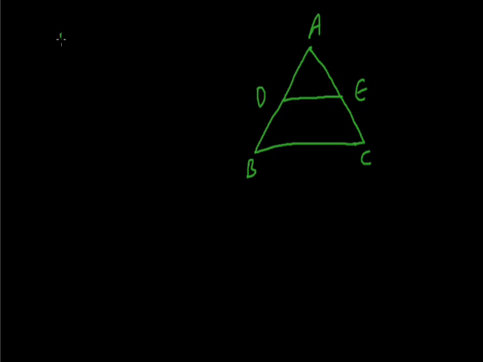It is given that DE is parallel to BC, and the length of AD is 4x minus 3 and the length of BD is 3x minus 1 and the length of AE is 8x minus 7 and the length of EC is 5x minus 3.